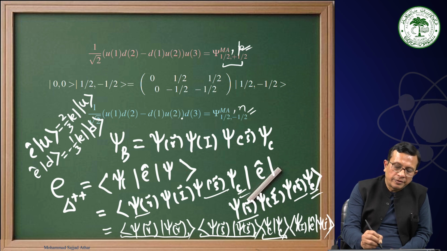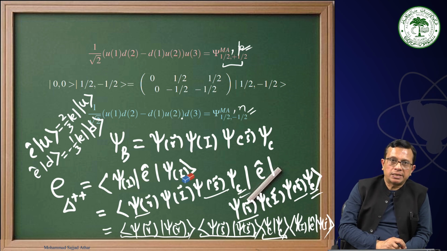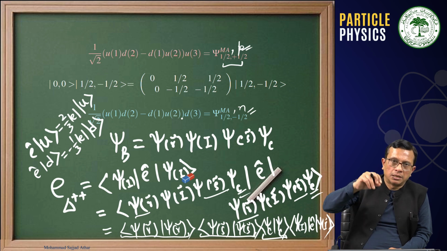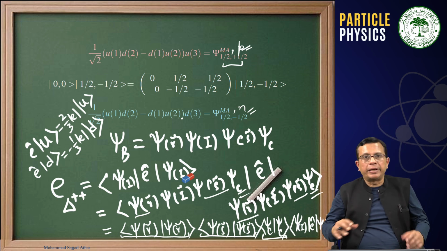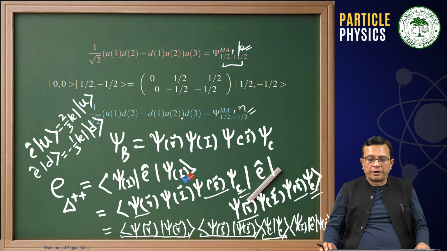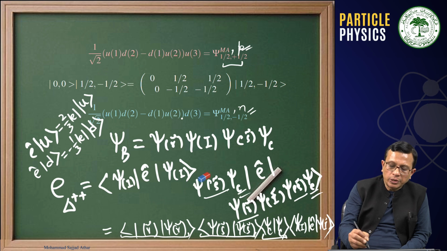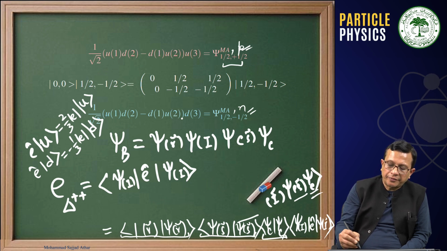Then ultimately what we are required to evaluate is the expectation value for delta plus plus, where we sandwich the charge operator between the flavor wave functions of the delta plus plus. If we do that, we can write it out.